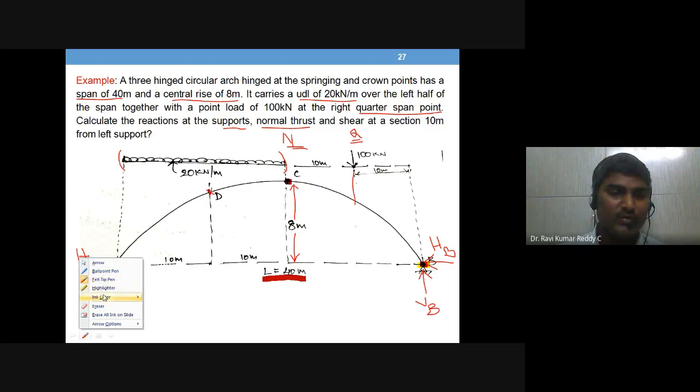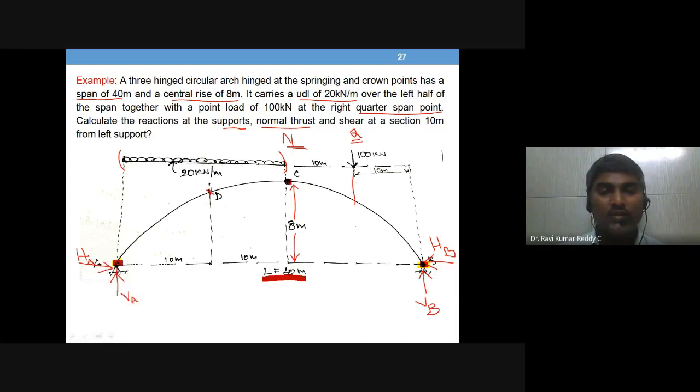Okay, no problem. So HA is going to pass through this point, hence bending moment is 0.